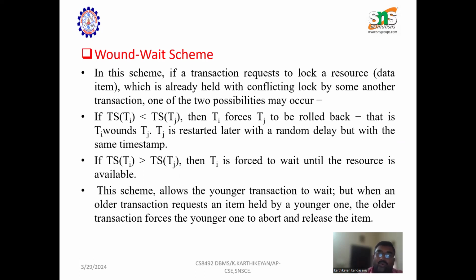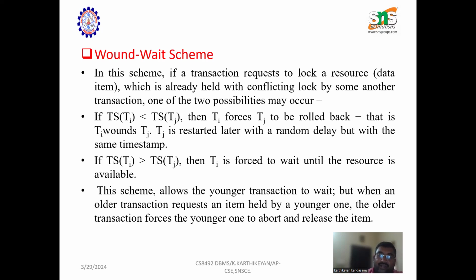In the wound-wait scheme, if a transaction requests to lock a resource, a data item, which is already held with a conflicting lock by some other transaction, one of two possibilities may occur. If TS(Ti) is less than TS(Tj), then Ti forces Tj to roll back, and Tj is restarted later with a random delay but with the same timestamp.